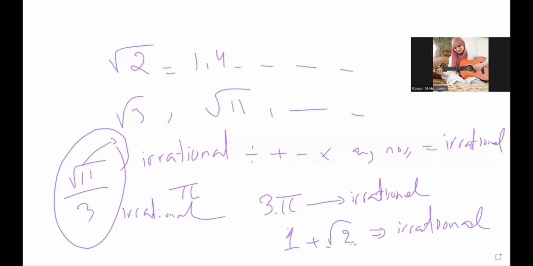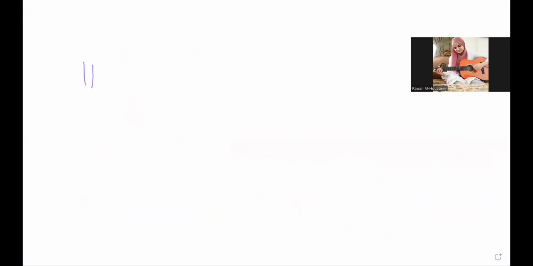Okay. Now, for the last one, which is the set of real numbers. Any number that comes to your mind is a real number. For example, without even thinking about it, any number I tell you, like radical 2, is a real number. 2 plus 1 over 6, for example, is a real number.